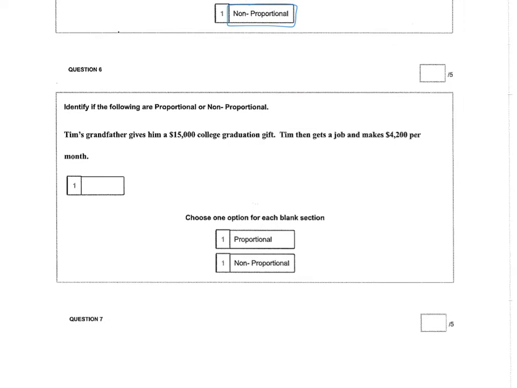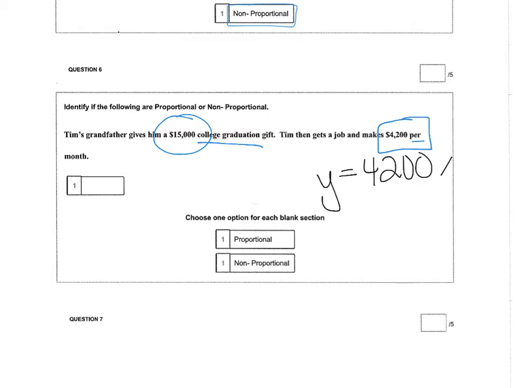Okay, another word problem. Tim's grandfather gives him $15,000 college graduation gift. Tim then gets a job and makes $4,200 per month. So if you just needed to know, the equation would look like something like this. So $4,200 per month plus just the flat out $15,000.